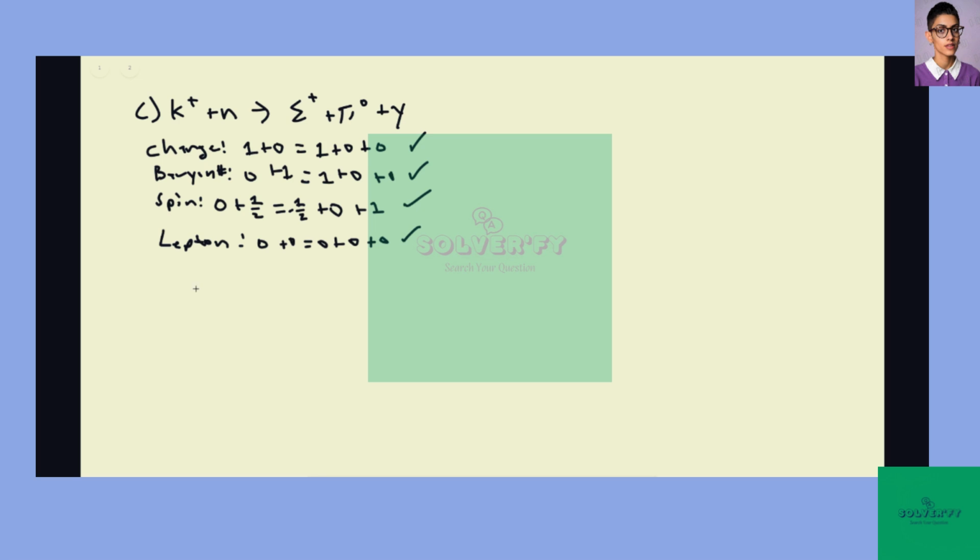Now let's look at strangeness. For strangeness, we have 1 for the kaon plus 0 is equal to -1, because that's an antiparticle, or -1 for the sigma, plus 0 plus 0. So this is not conserved.